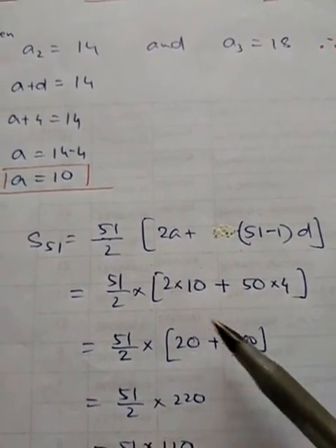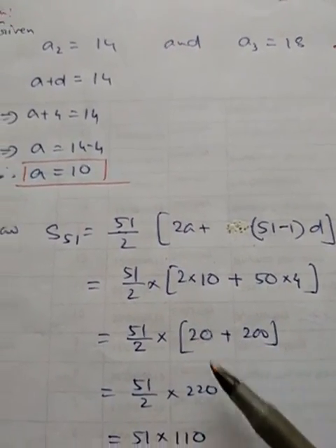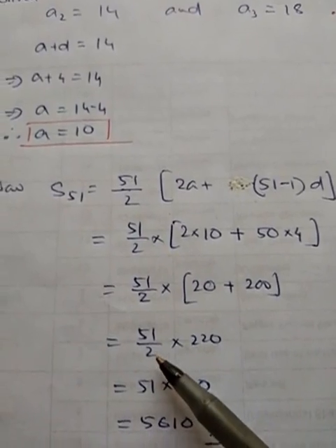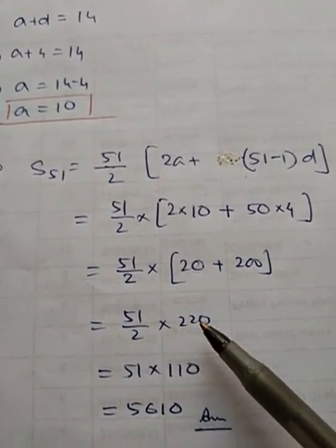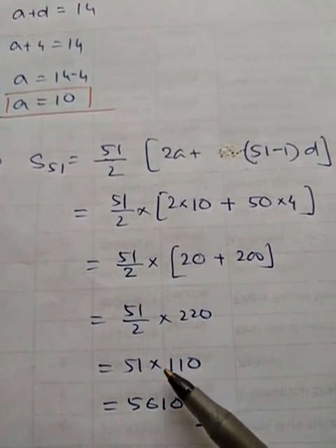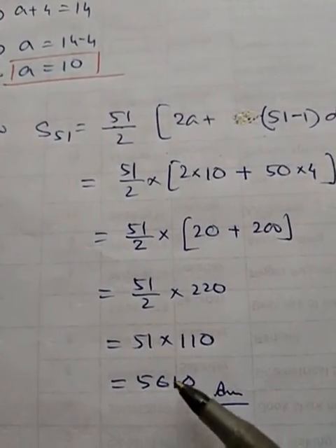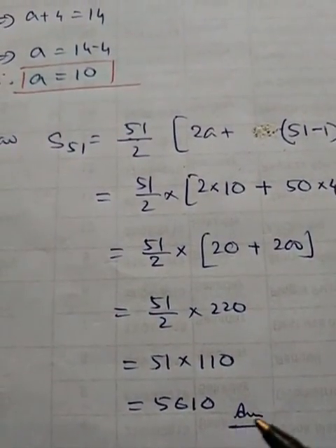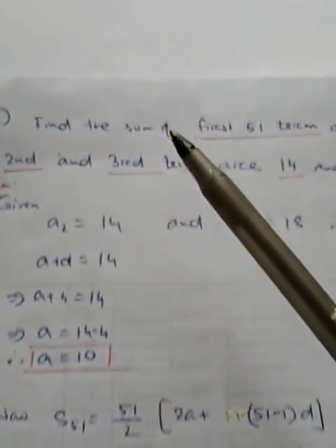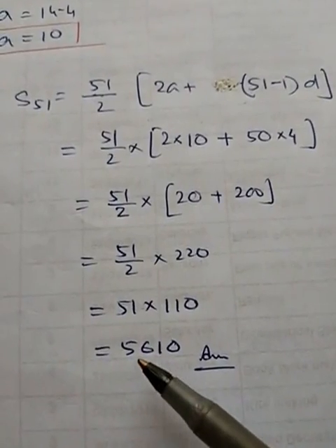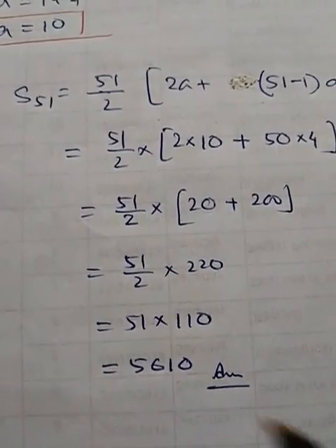So 2 into 10 is 20, plus 50 into 4 is 200, that is 220, and 51 by 2. 2 cancels 220, so it becomes 110, and 51 multiplied by 110 is 5610, and that is the answer. That means the sum of the first 51 terms is 5610.